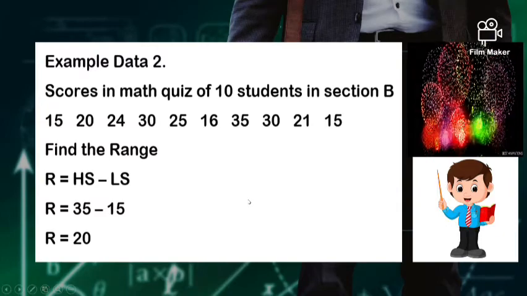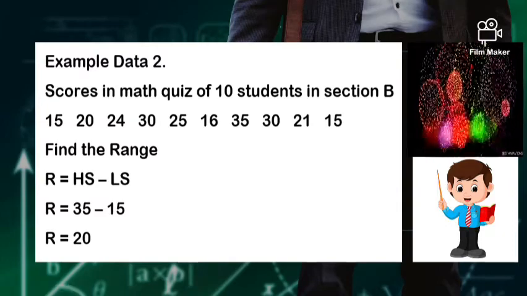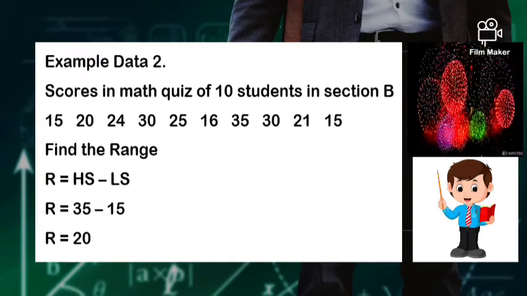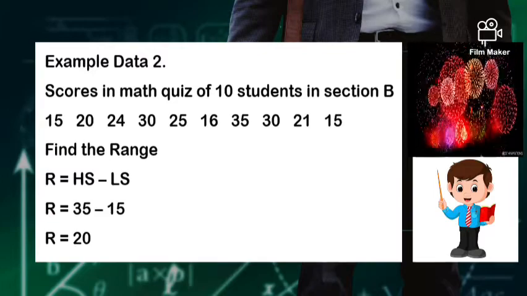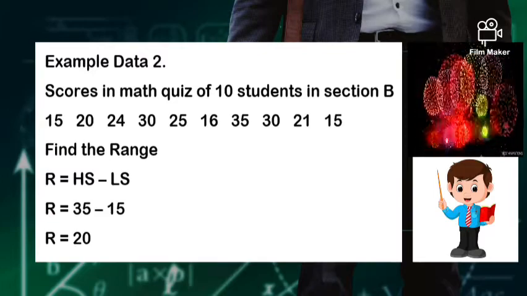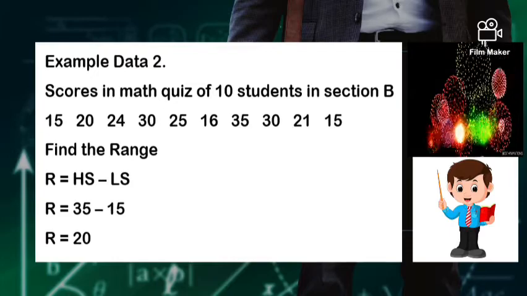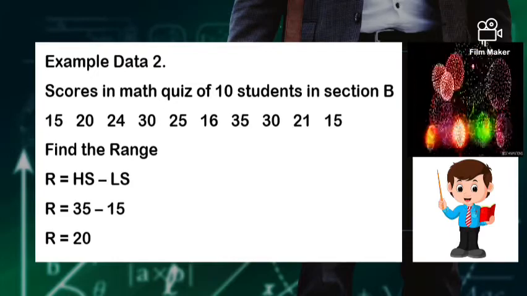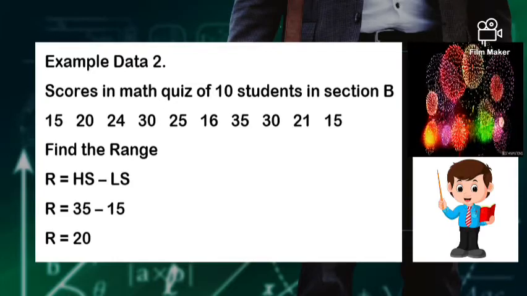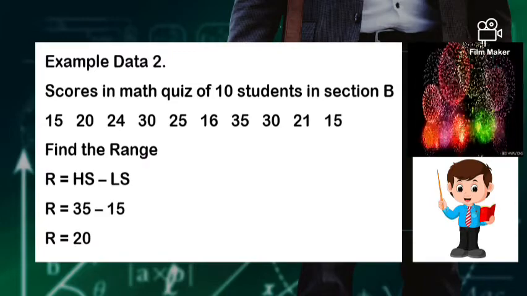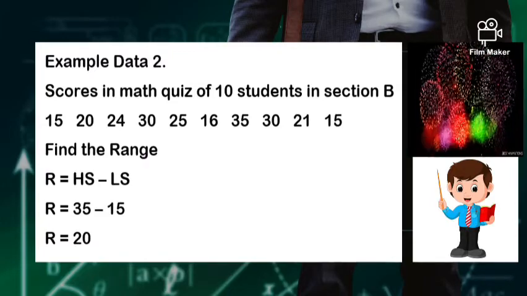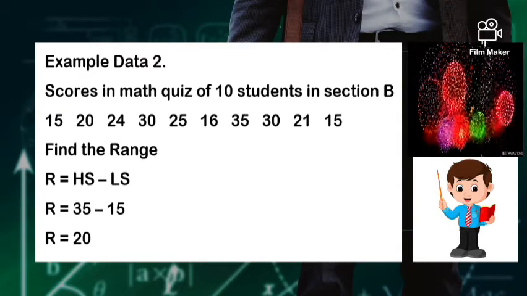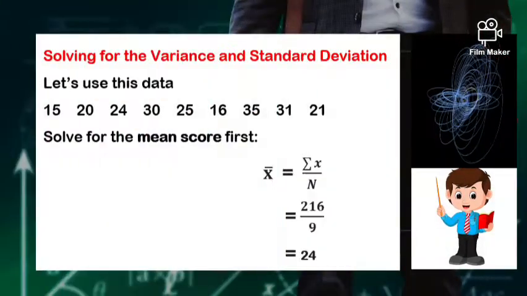So if the range is lower, clustered, close to each other. If the range is higher, that means the scores are scattered. That's how we use the range, as we give an interpretation to how the scores behave in that data.